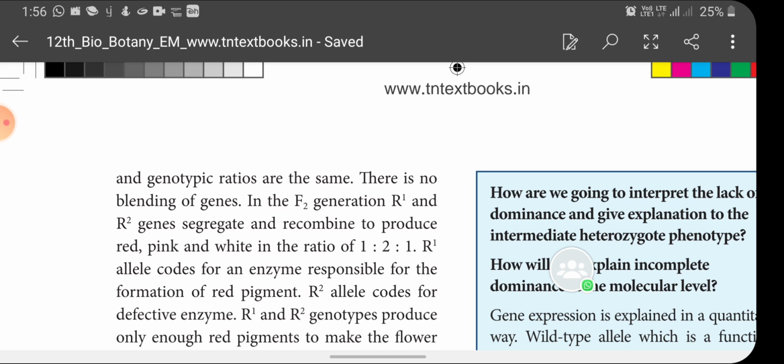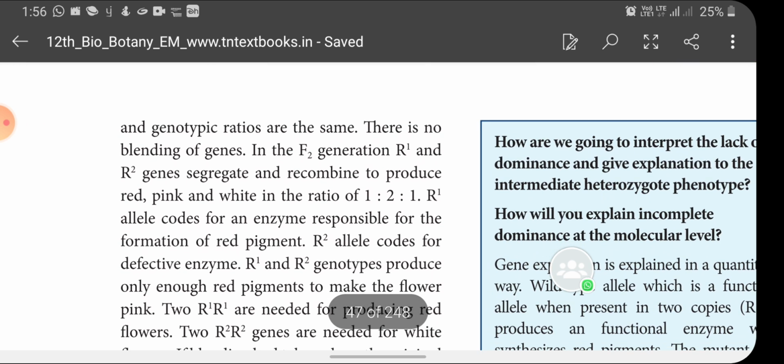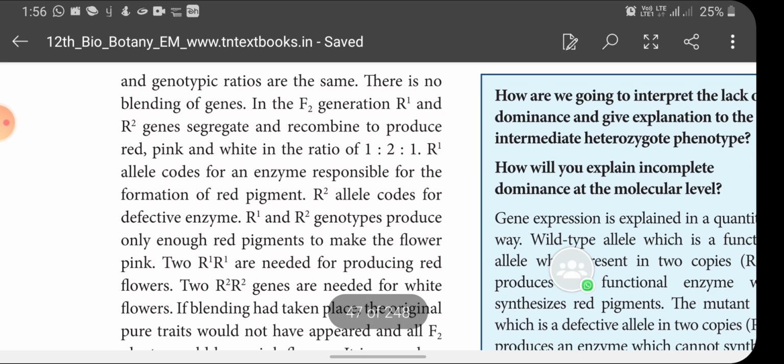In the F2 generation, R1 and R2 genes segregate and recombine to produce red, pink and white in the ratio of 1:2:1. The R1 allele codes for an enzyme responsible for the formation of red pigment, and the R2 allele codes for a defective enzyme.